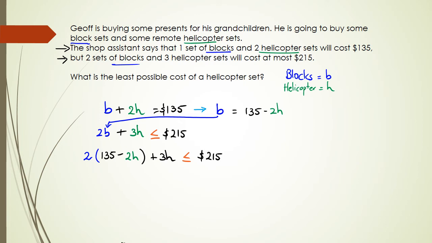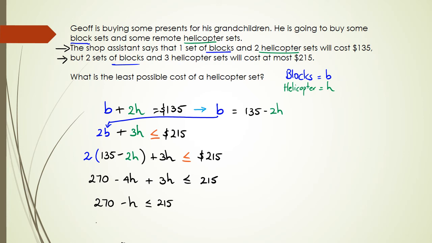So we've got 2 times 135, which is 270, minus 4H plus 3H is less than or equal to 215. When we simplify, 270 minus H is less than or equal to 215.